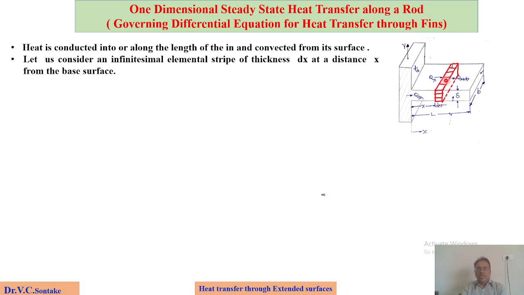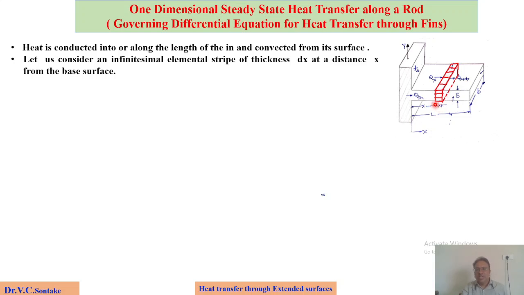Now, in order to derive the governing differential equation for heat transfer through fins, let us consider an infinitesimal elemental stripe of thickness dx at a distance x from the base surface. So this is that stripe I have considered at a distance x from the base surface, and its thickness is dx.